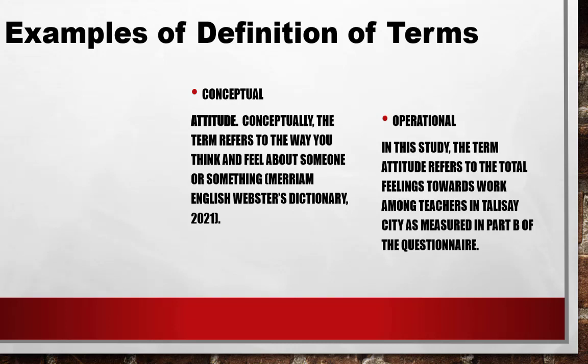So it is the researcher who knows what attitude is as he used it in his study. In this case, he will be using an instrument, and in that instrument, the questions on attitude are found in Part B.